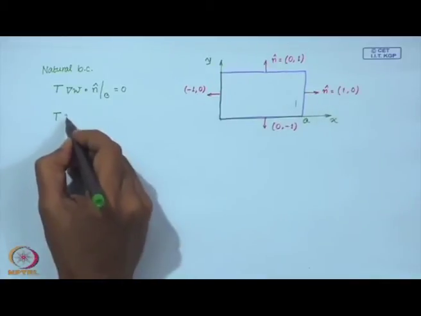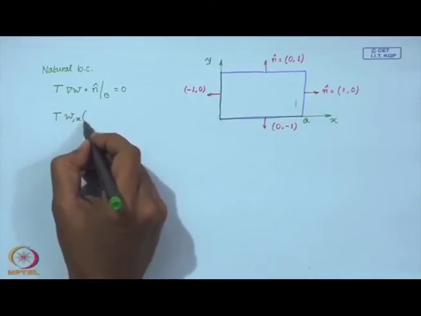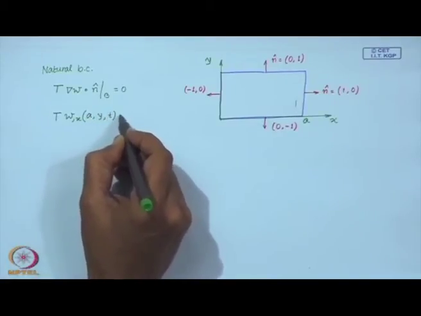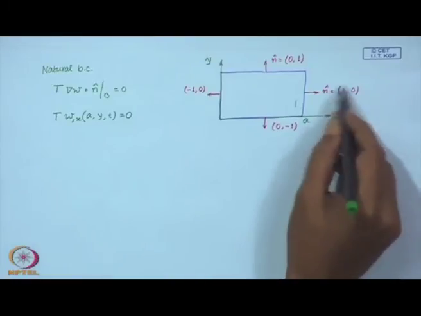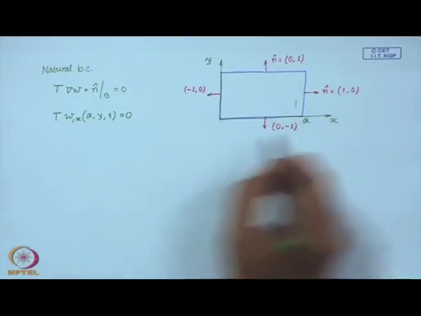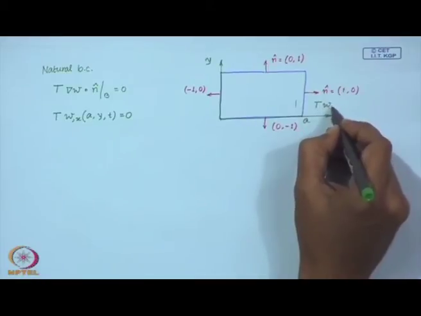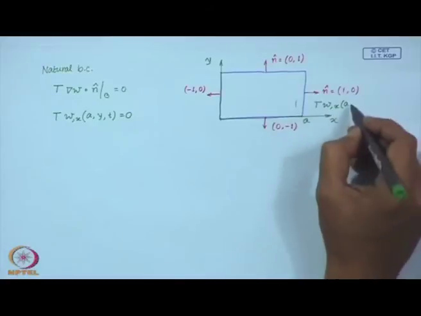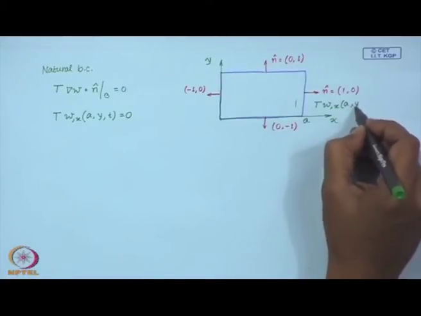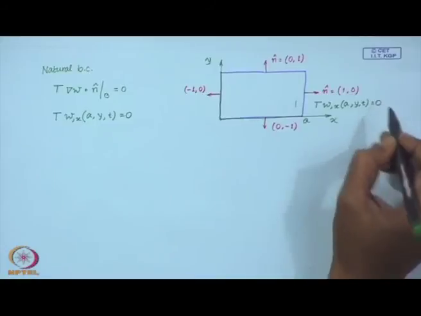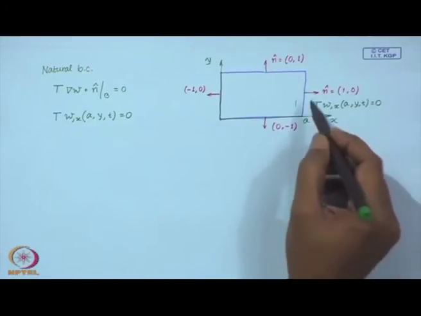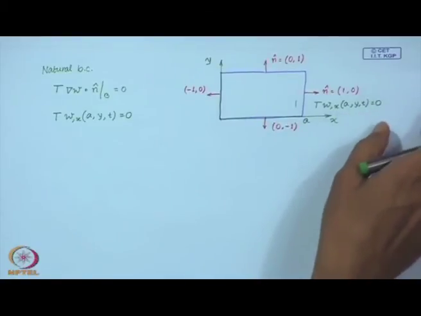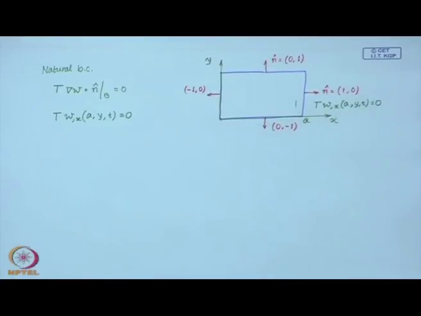So, therefore, at the right boundary you have this condition, if it is a dynamic natural boundary condition. If the boundary is fixed, then of course, you have the geometric boundary condition which says that the displacement is 0.